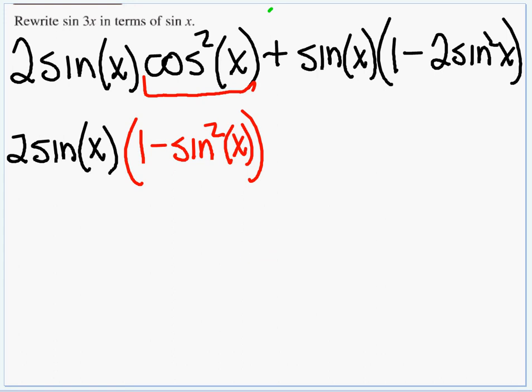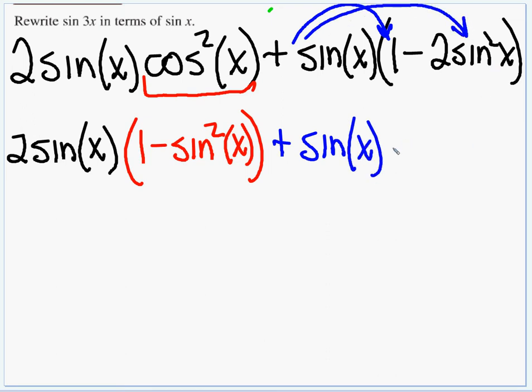And now, that's a good point. Why don't we distribute here? So this sine x is going to distribute to the 1, so that's going to be a plus sine x. And we'll distribute the sine to this sine squared, so now it's a minus 2 sine cubed x. All right. Okay, one more distribution back over here on the left.